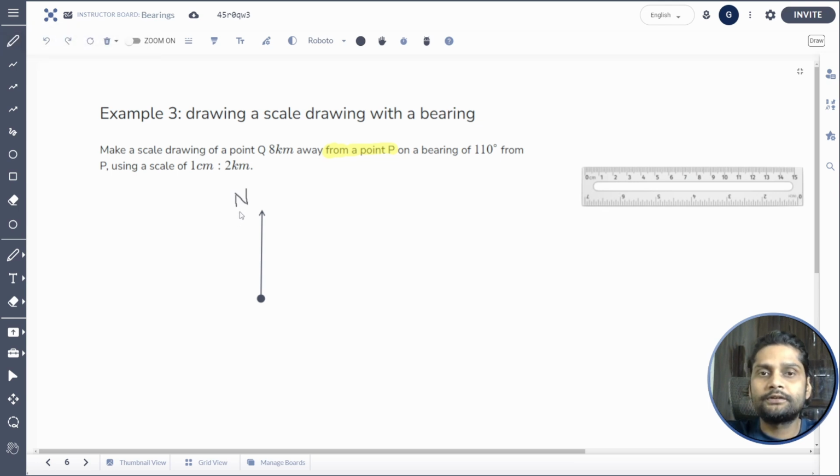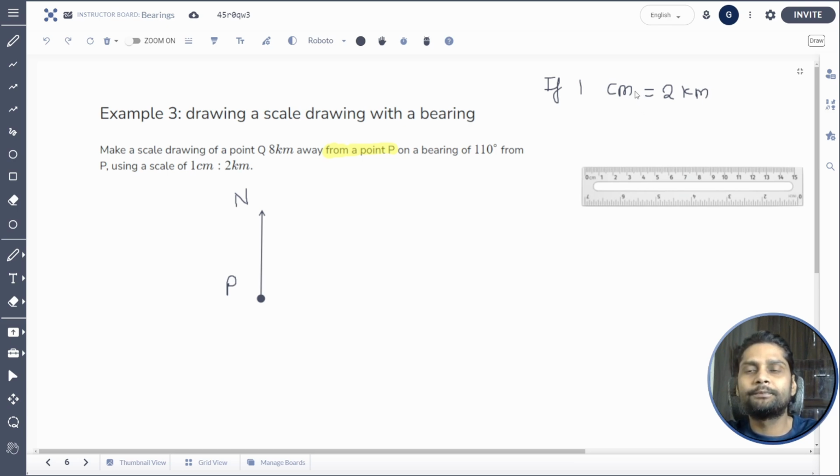Now the question said to consider 8 kilometers away. This is my point P, by the way, and we want another point at a distance of 8 kilometers. Based on the given scale, if 1 centimeter is equivalent to 2 kilometers, we want 8 kilometers.